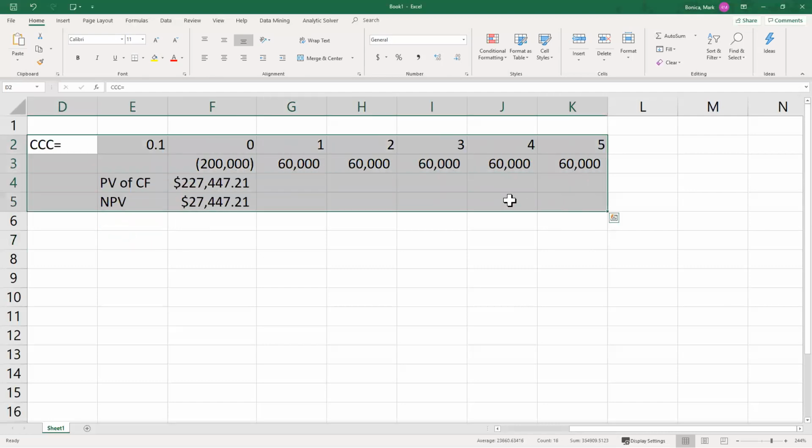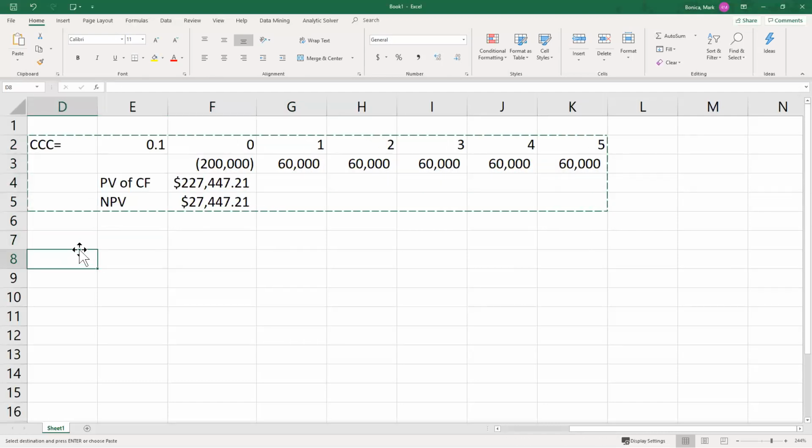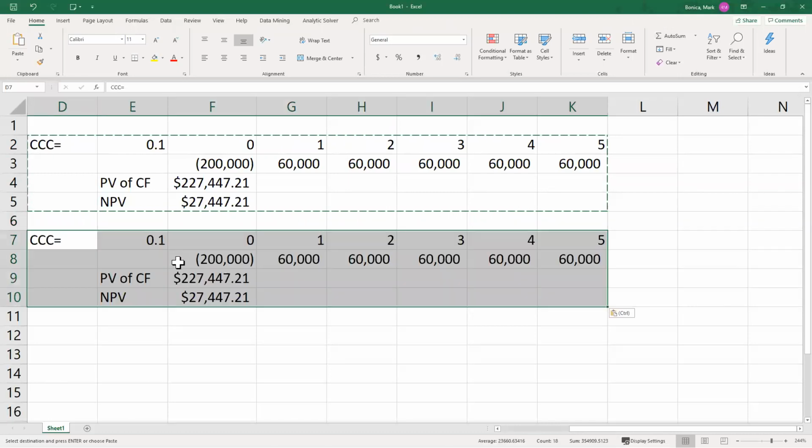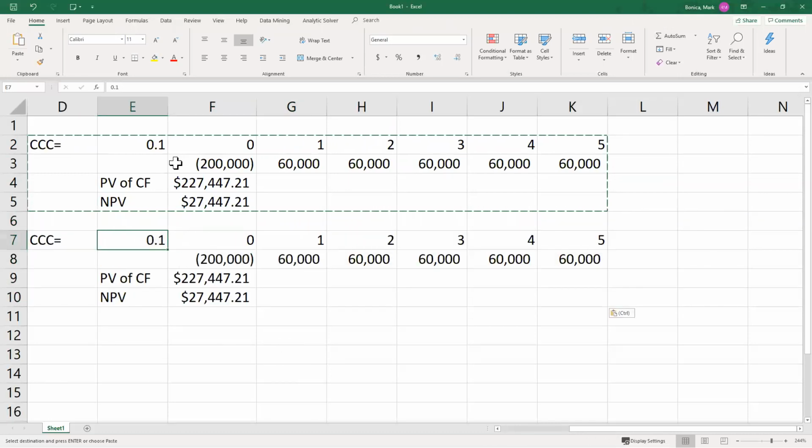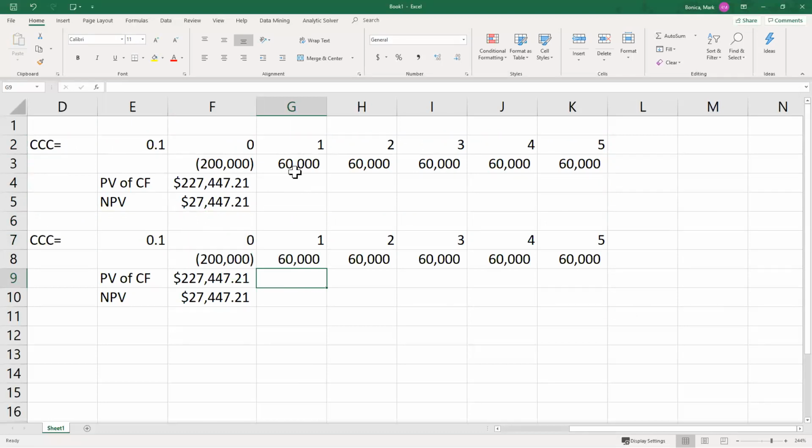Now, one of the things we did in chapter 15 is we said that if the corporate cost of capital is 10%, it would be appropriate to use that when we are working on a project that has an average risk.